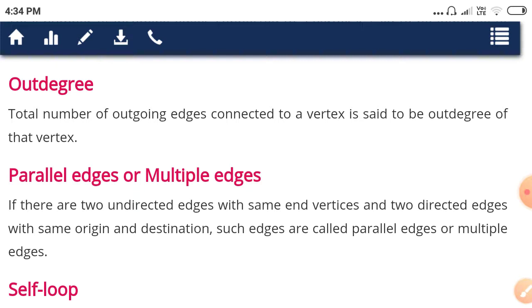Same direction, same edges, same undirected edges, that type of edges we have to call parallel edges.